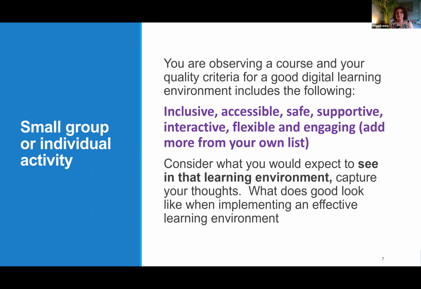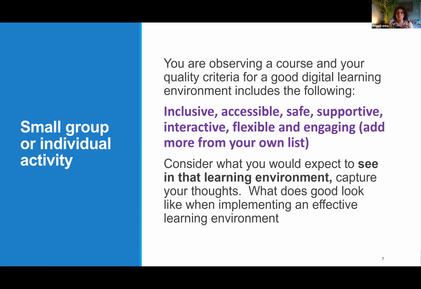So if you were observing a course and you've decided on your quality criteria based on what we said were important factors in any digital learning environment, the types of things I'm sure you've got on your list are inclusive, accessible, safe, supportive, interactive, flexible, engaging, and any others from your own list that you've just made.